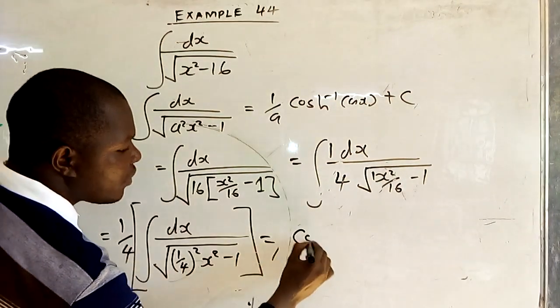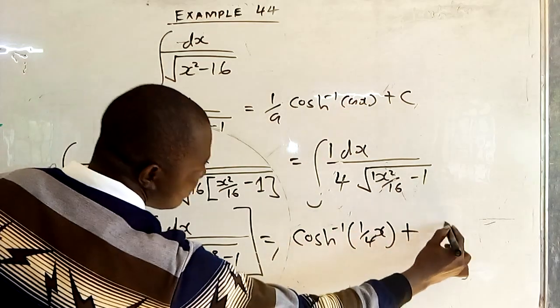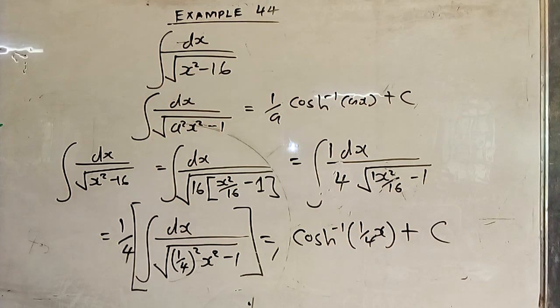So you'll remain with cos inverse of 1 over 4x plus arbitrary integration constant. Are we together? Good.